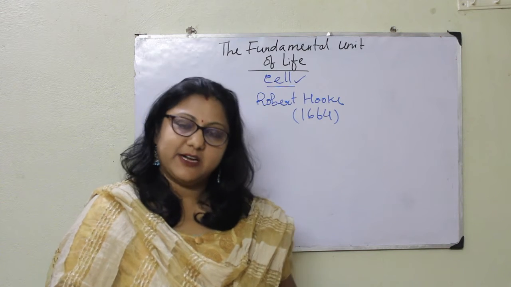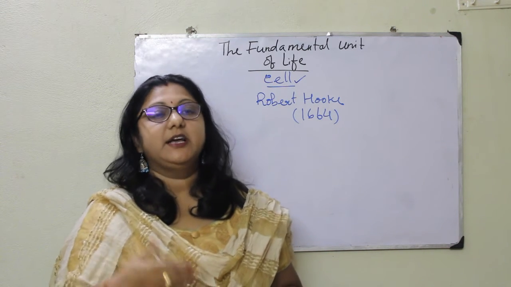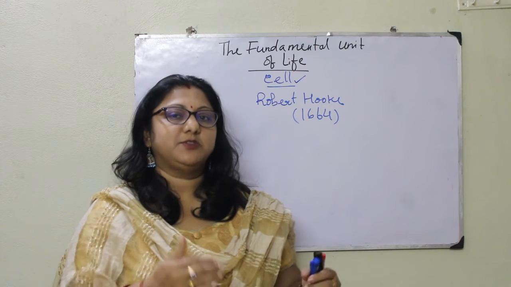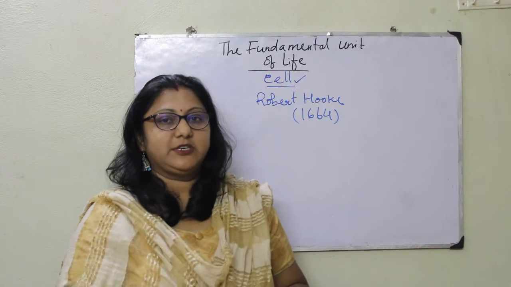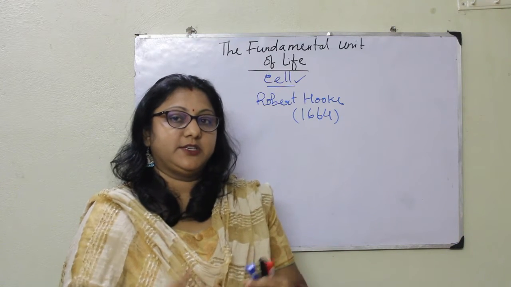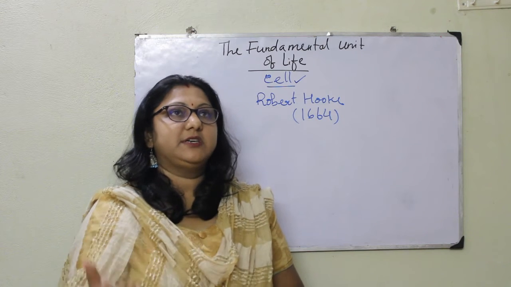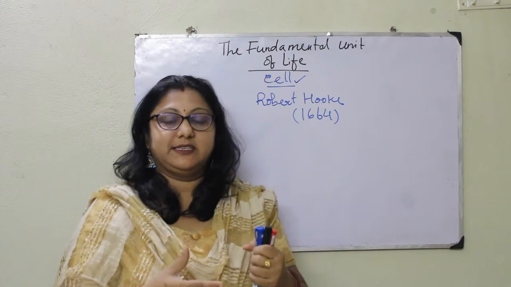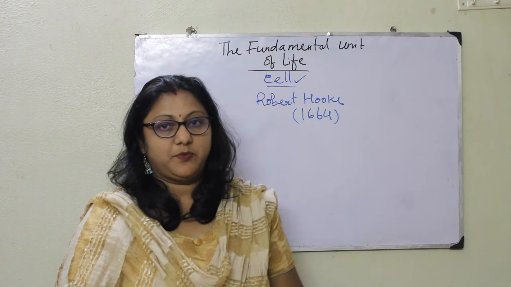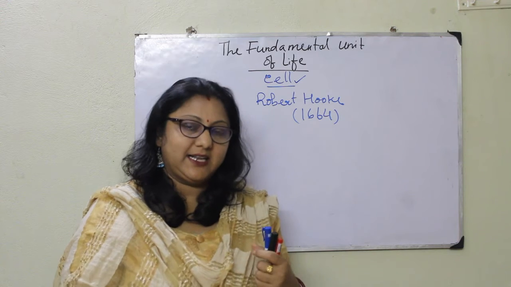Later, other scientists also started working on it. By that time the microscope had also developed a little, and they could find out different other aspects related to the cell. Leeuwenhoek, a few years later, found living cells under his microscope. Cork is a dead cell.